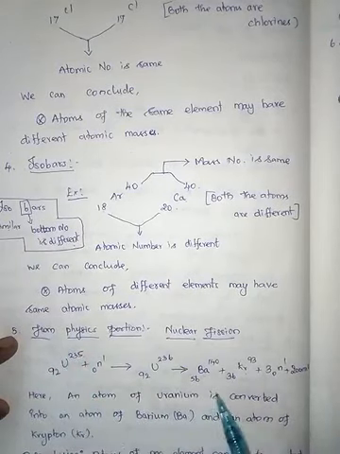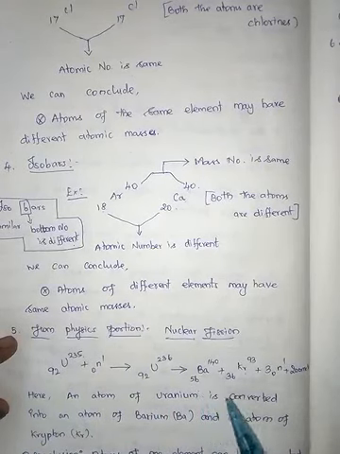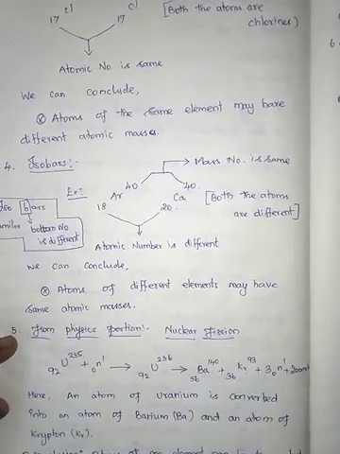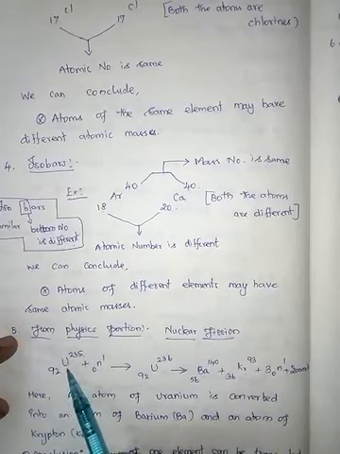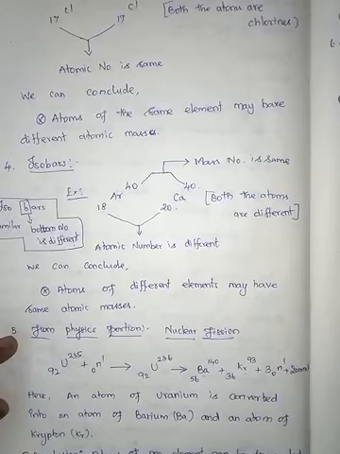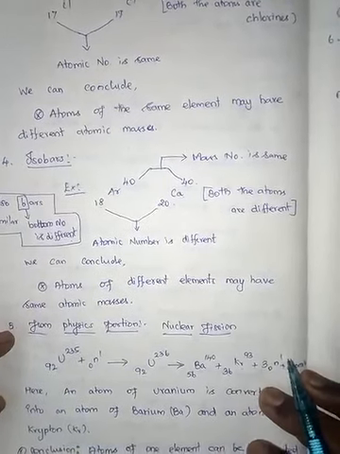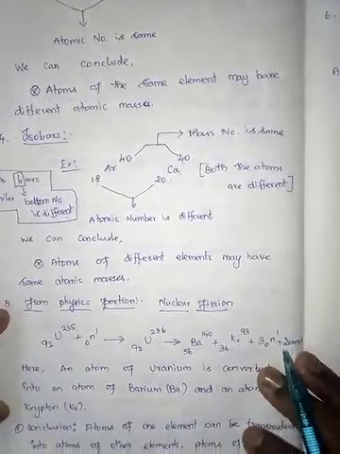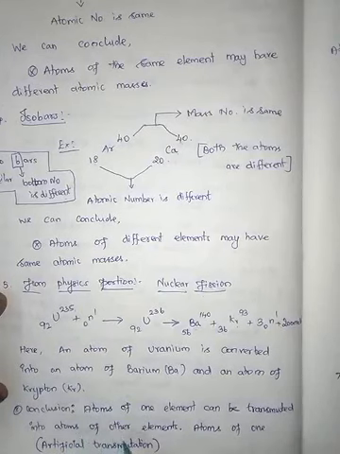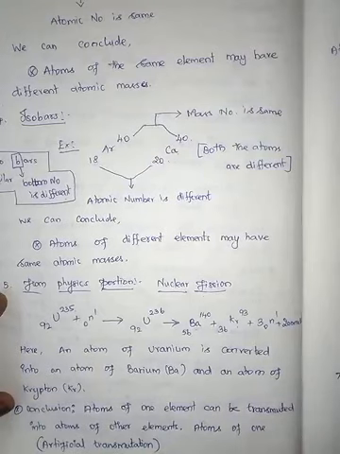So one atom of an element can be converted into an atom of another element. In this case, uranium is converted into barium and krypton. So what is the conclusion we are going to give from this? Atoms of one element can be transmuted, that means transformed, into atoms of other elements. This process is called artificial transmutation.